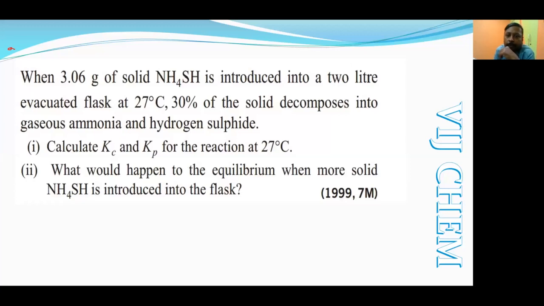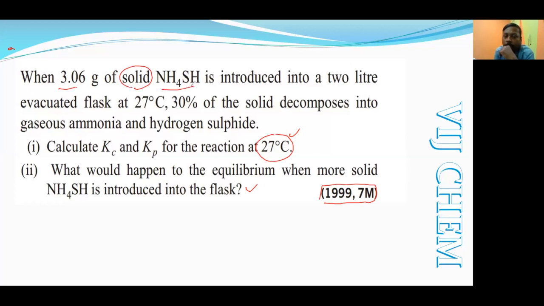So next question, 1999. Okay, 1999, 7 marks question. There are 2 questions. At that time they used to form the questions very carefully. Okay, so here 3.06 grams of solid ammonium thiohydroxide.